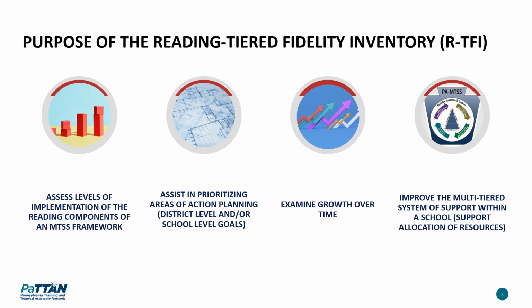The R-TFI can assist in prioritizing areas of action planning that is based on strengths and needs at either the district or school level. The R-TFI assists with examining growth of a system over time. Utilizing the R-TFI will improve the MTSS framework within a school, including supporting the appropriate allocation of resources.